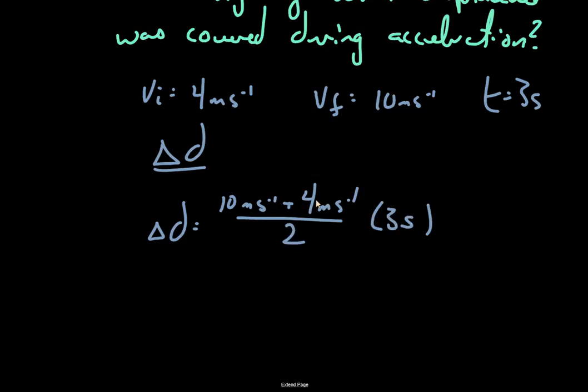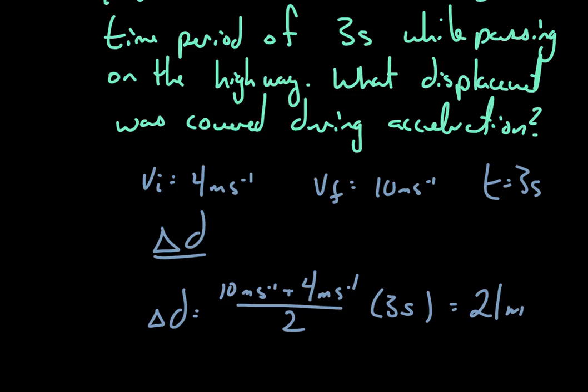So 10 plus 4 is 14, divided by 2 is 7, times 3 equals 21 meters. Okay, so there's the basics of it.